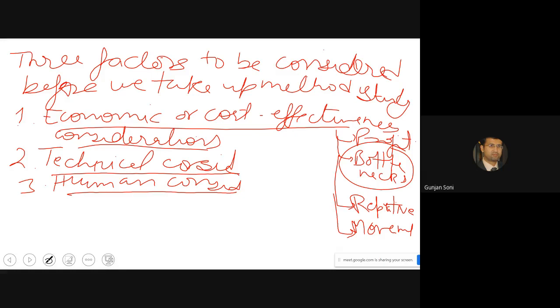He could not differentiate between a screw and a nose. He was even screwing the nose of the other guy. So it was actually a representation of a worker who is working in a menial job which is repetitive, boring. So that's how it is. These are some human considerations which you have to take into account.